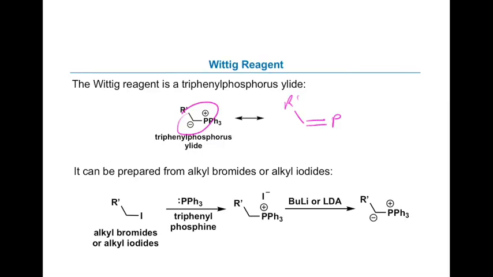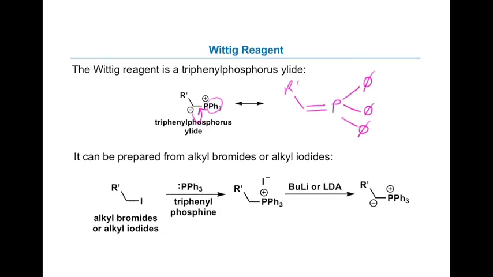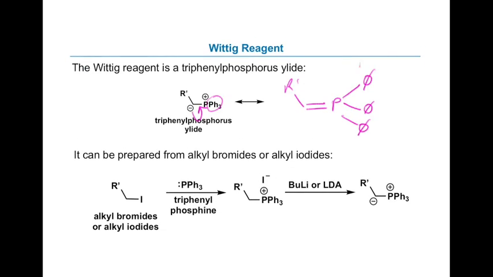But remember, phosphorus already has three groups: phenyl, phenyl, phenyl. The shorthand notation, the circle thing, that's phi, a quick notation for Ph, phenyl, an aromatic group.